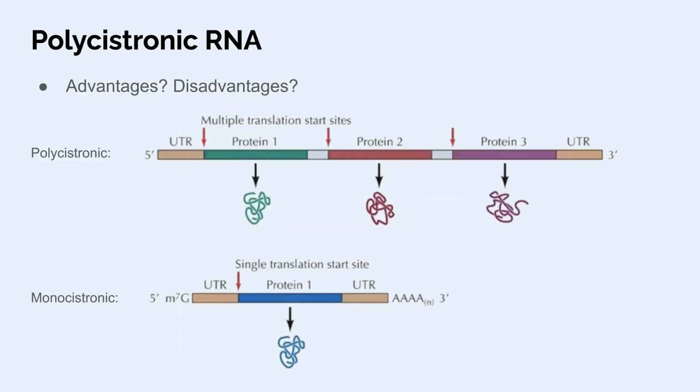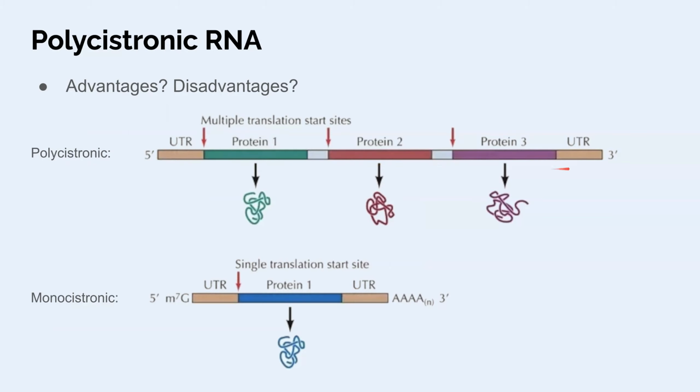Another thing we often see in bacteria are what we call polycistronic RNAs. It's a fancy word, but you can maybe remember the poly part refers to there being multiple genes next to each other. The important part about polycistronic RNA is that all of these genes, protein 1, protein 2, protein 3 gene regions, they all get transcribed together.